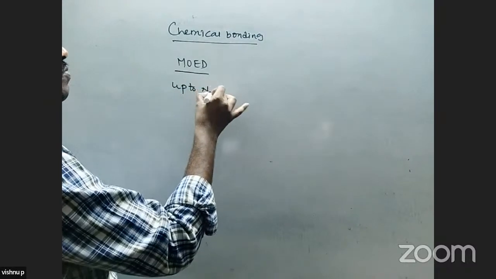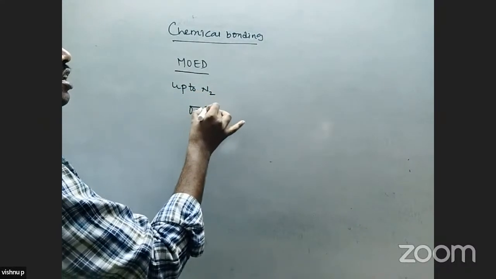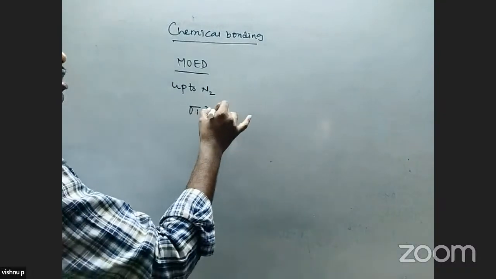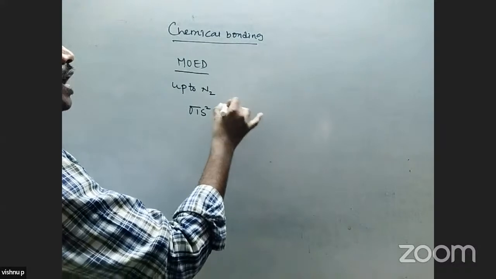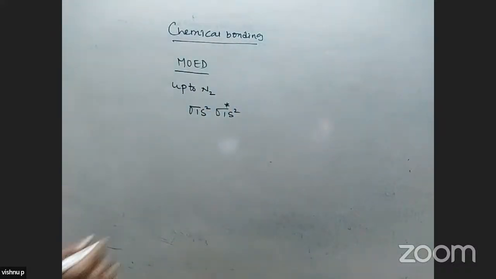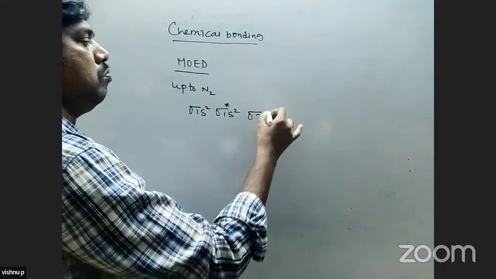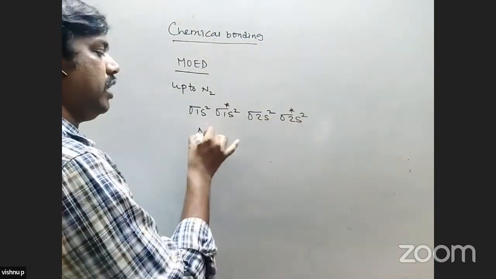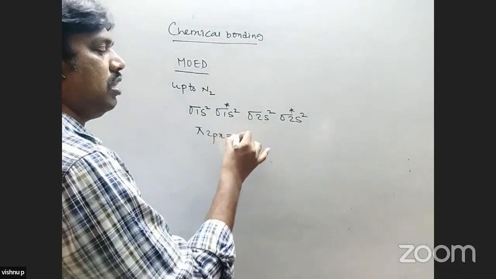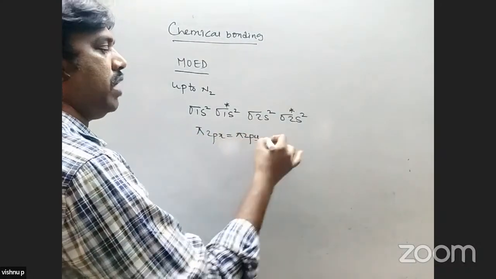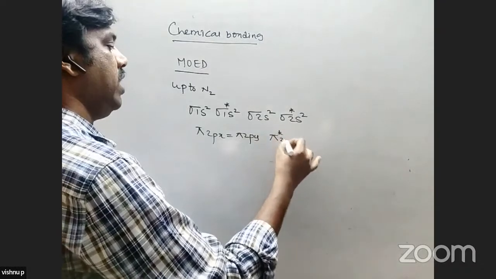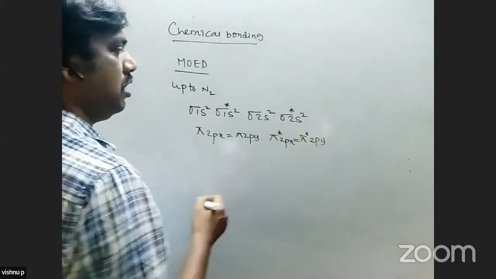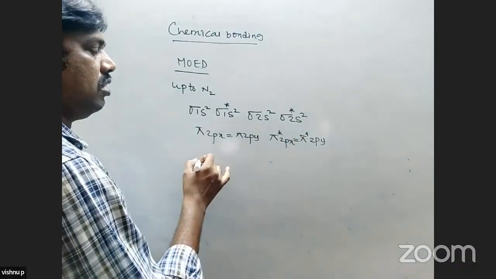Up to N2, we follow this electronic configuration. Sigma 1s2 is bonding and sigma 1s2 is anti-bonding. Next, sigma 2s2 bonding and sigma 2s2 anti-bonding. Next, pi 2px, which has equal energy with pi 2py, and pi anti-bonding 2px is equal in energy to pi anti-bonding 2py.